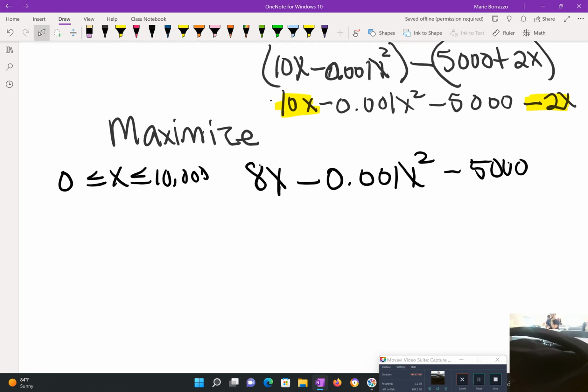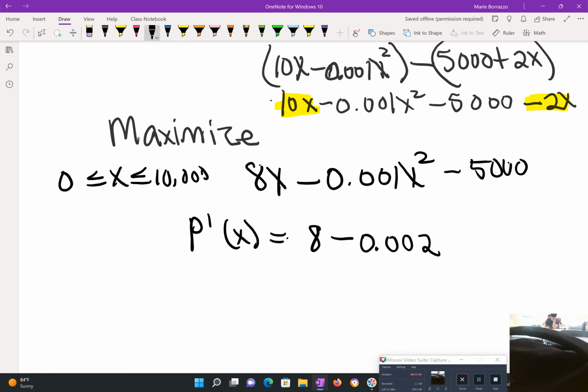So we're going to take the first derivative. We're assuming this is the original function. The first derivative of the profit function gives me 8 minus 0.002x, and this is equal to 0.